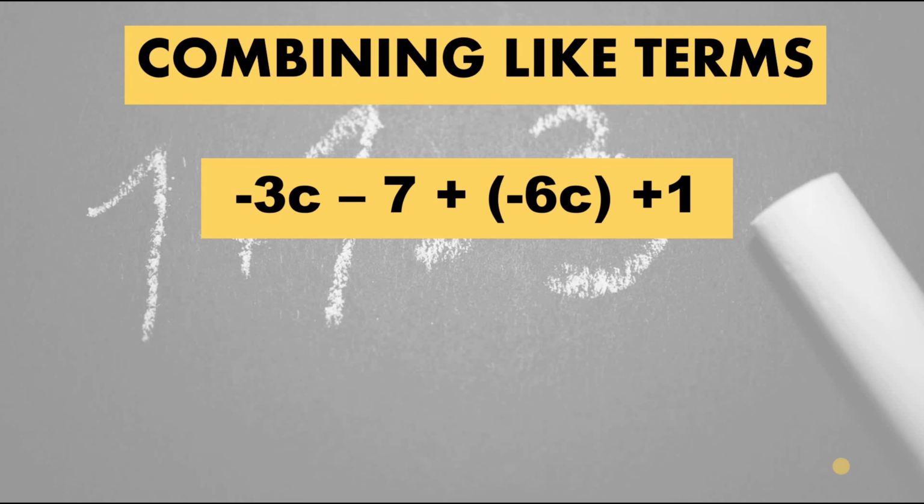And then we have one more example. We have negative 3c minus 7 plus quantity negative 6c quantity plus 1.